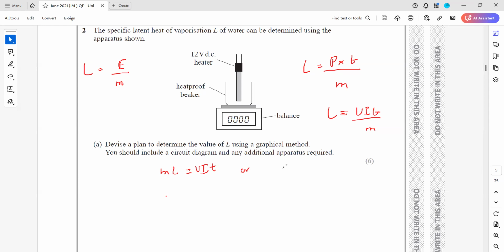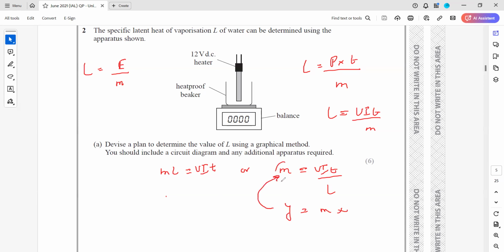Because we have the equation y = mx + c, the quantity on the y-axis should be separated from the others. So m equals VIt over L. Now, if we compare with the equation of a straight line, y = mx.